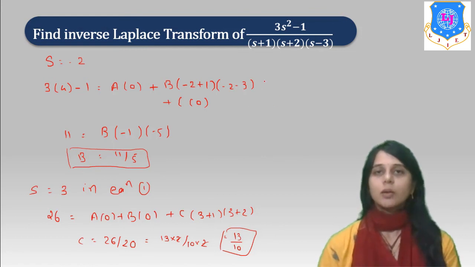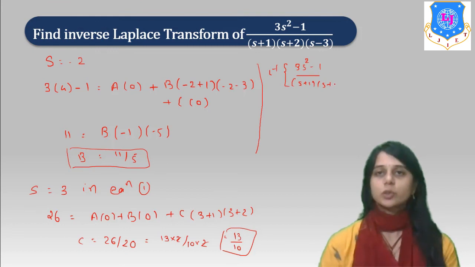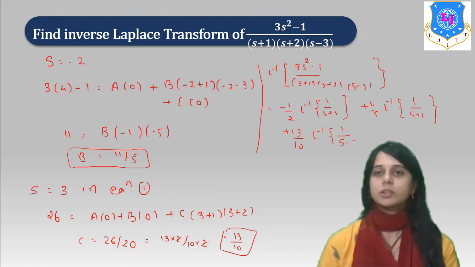Now, we put the values of A, B, C in equation 1. So, Laplace inverse of (3s square minus 1) upon (s plus 1)(s plus 2)(s minus 3). The value of A is minus 1 by 2, Laplace inverse of 1 upon s plus 1, value of B is plus 11 by 5, Laplace inverse of 1 upon s plus 2, plus 13 by 10, Laplace inverse of 1 upon s minus 3.